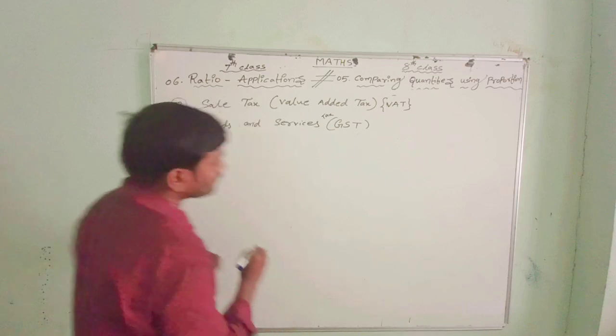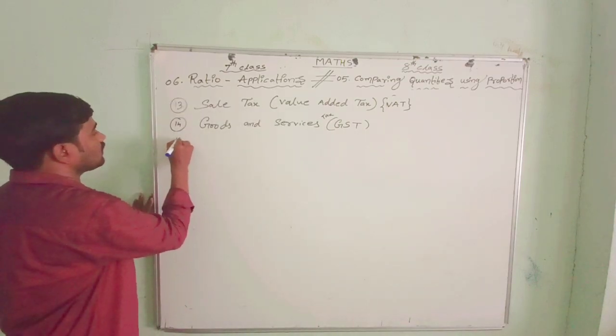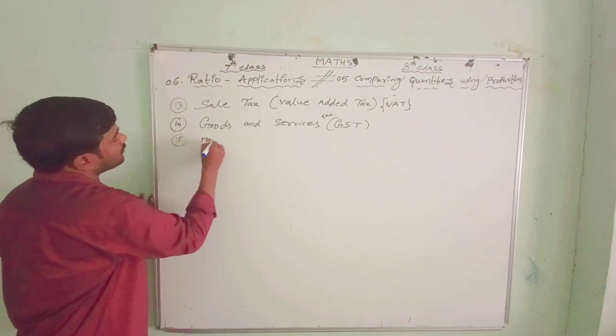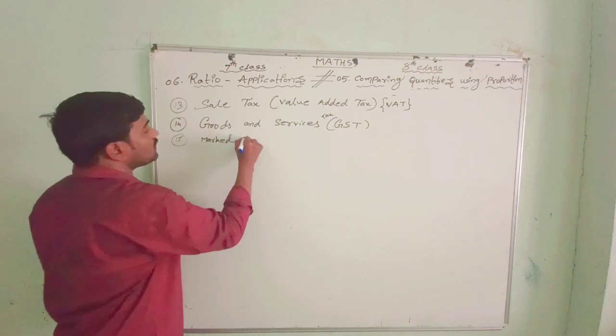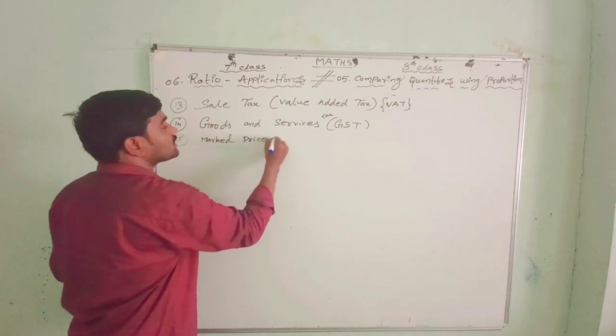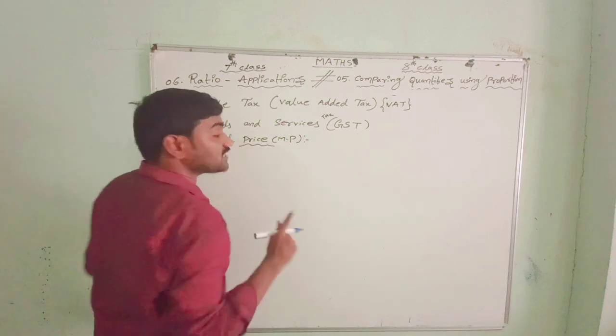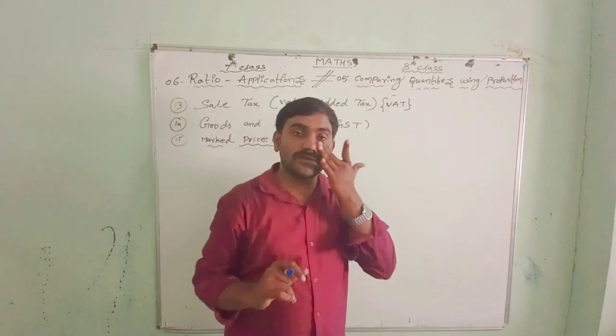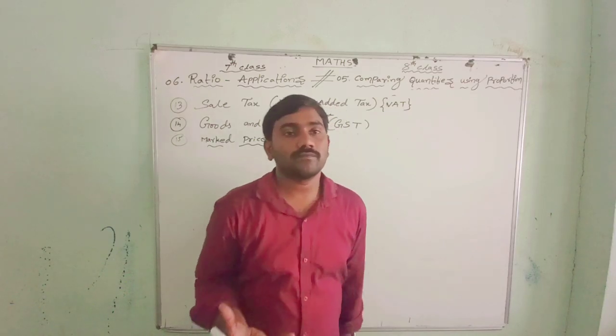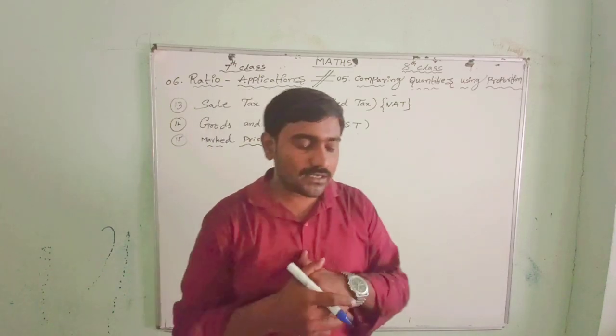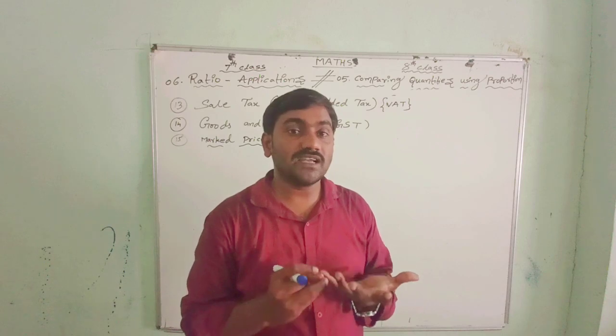Next we go to market price. This is also like MRP, market price. Selling price is different, market price is different. What is this market price? What is this list price, or catalogue price?